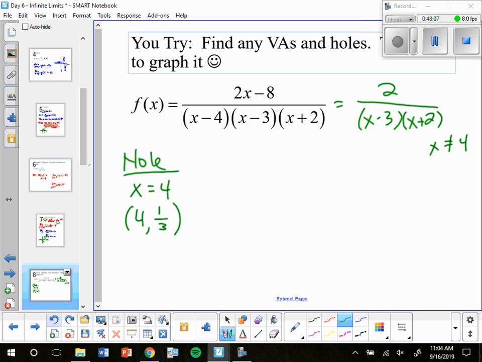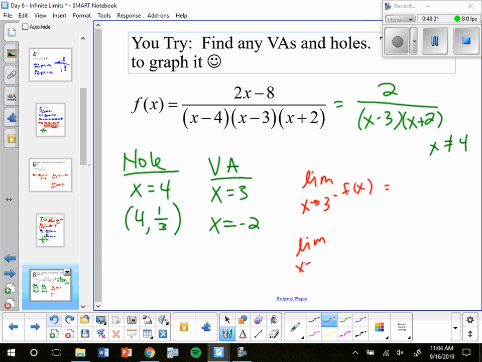We're good with that. Where do I have vertical asymptotes? 3 and -2. x equals 3 and x equals -2 because I cannot remove them. They are in my function. I cannot simplify it anymore. So now I need to check 4 limits. Limit as x goes to 3 from the left.